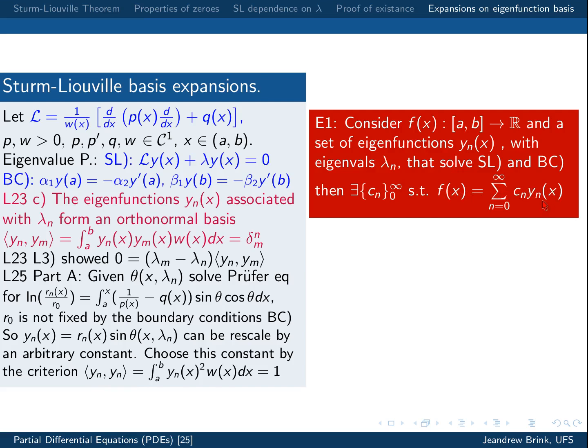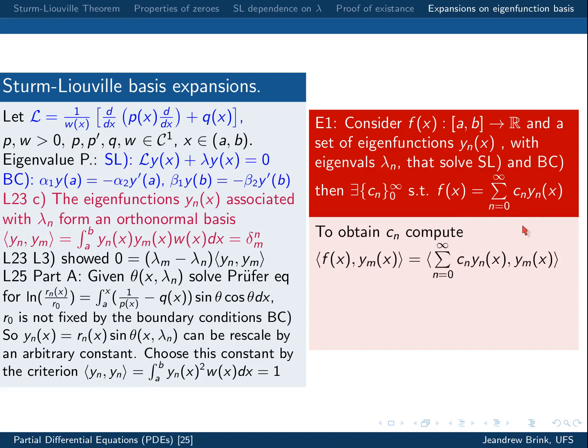The first step to show this is simply to give you a way of calculating Cn. And we've already had a taste of it when we calculated the Green's function. To get Cn, you basically take this definition of f and take its inner product with a different eigenfunction.